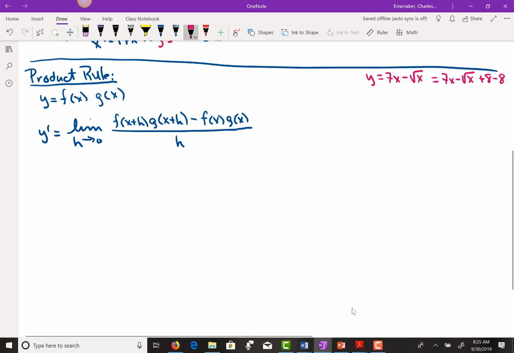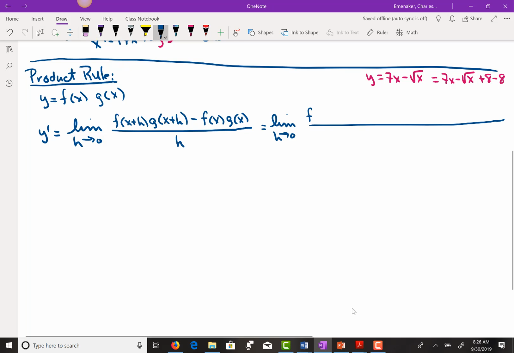Well, it seems kind of weird, but plus 8 minus 8 is really just 0. If you introduce something and subtract it, have you really put anything new in there? Well, we're going to do a sneaky maneuver here. We're going to stick something in and subtract it at the same time. So we're going to rewrite this as the limit as h goes to 0.